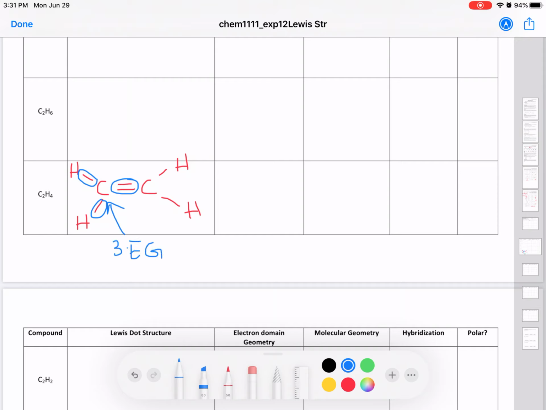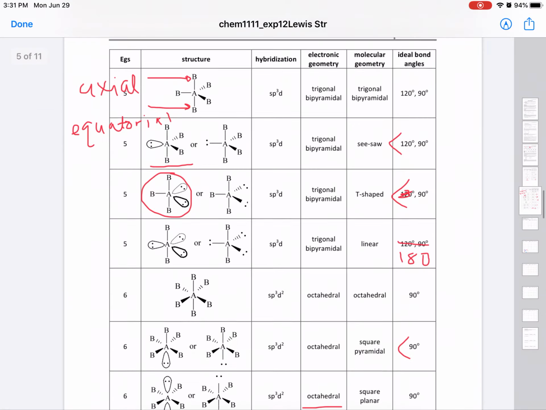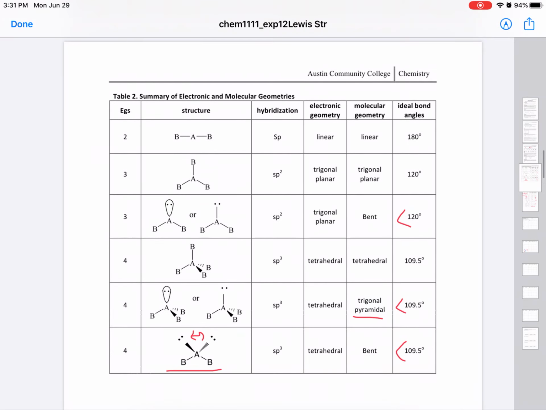So if it is 3 electron groups, what is the electron domain geometry? So the 3 electron groups, you can refer to the table. I'll show you how to find out. So the 3 electron groups, right? And then all of them are bonds.